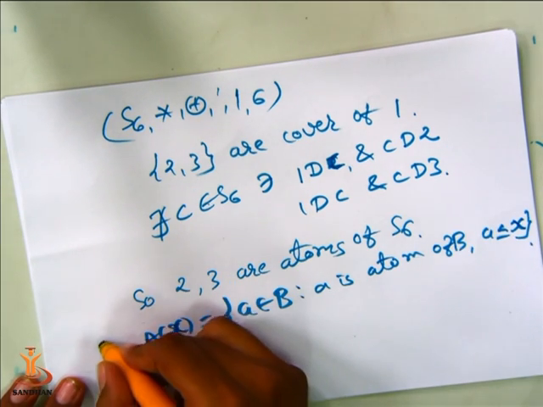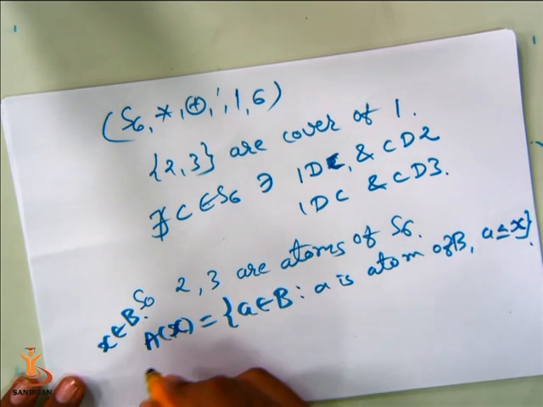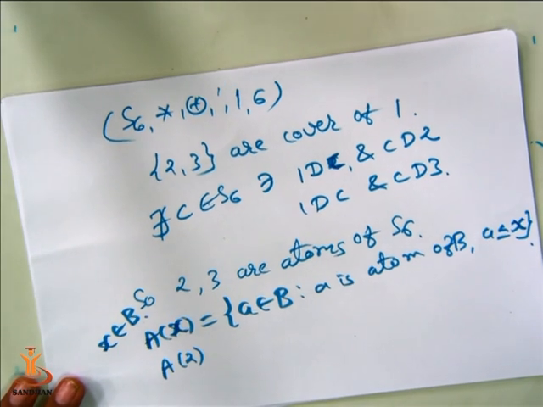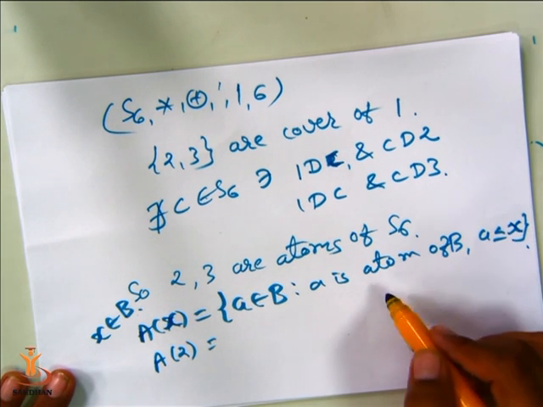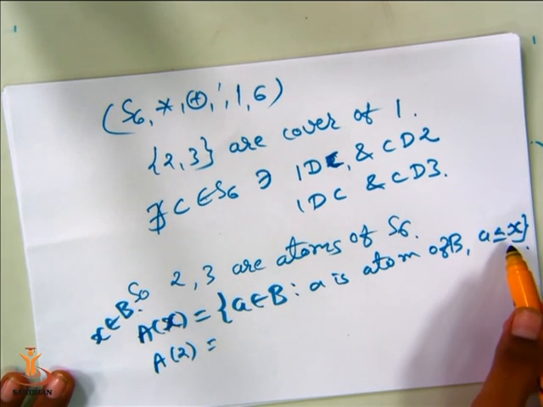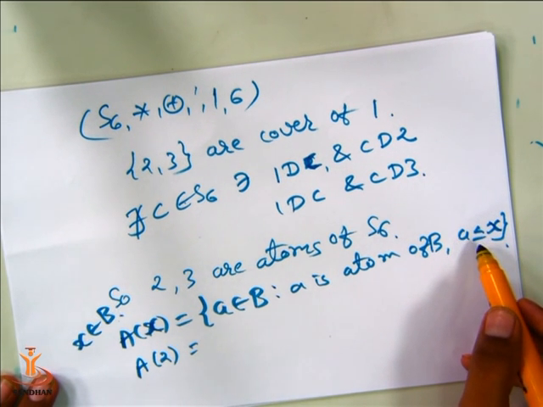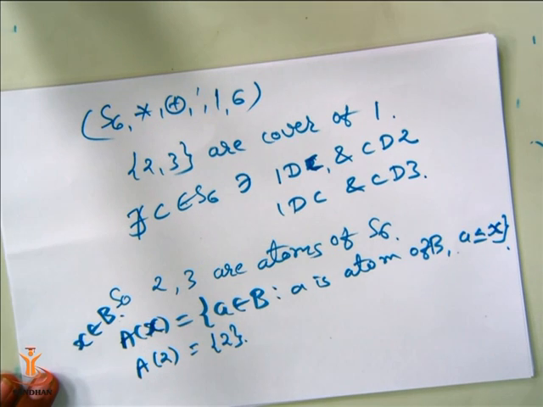Here x is an element of the Boolean algebra B. Now in this S6, if you want to find A of 2, then this is the set of all atoms of B such that A is less than or equal to 2. Here we know that less than or equal to is a partial order relation, that means it is reflexive. So we can say that 2 is less than or equal to 2. So that set will be itself only.